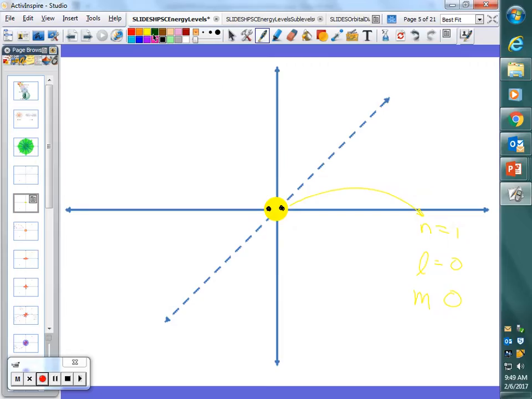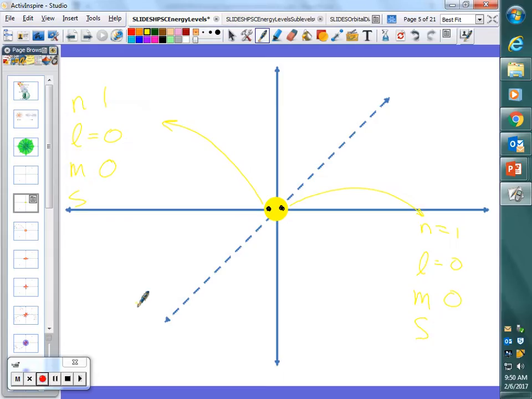Now, this electron over here is still in the first energy level. It's still in the s orbital, and because there's only one s orbital, we get that. So this is where the s value comes in, to distinguish these two electrons from each other. Only two electrons can fit in that space, so one of them has to be plus 1/2, one of them has to be minus 1/2.